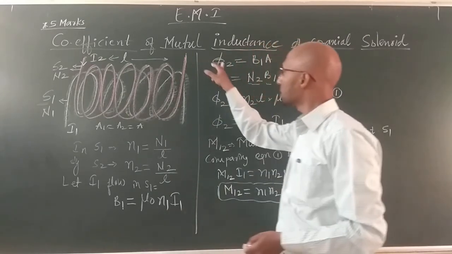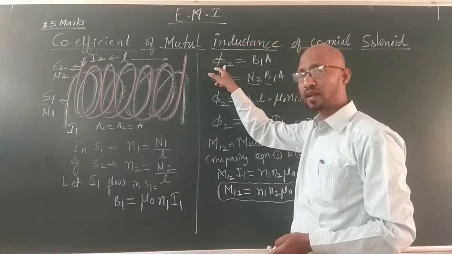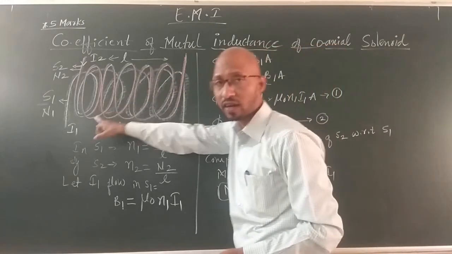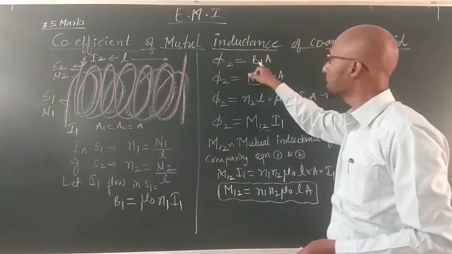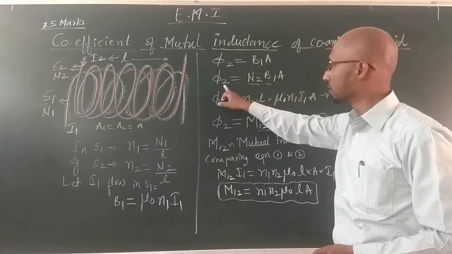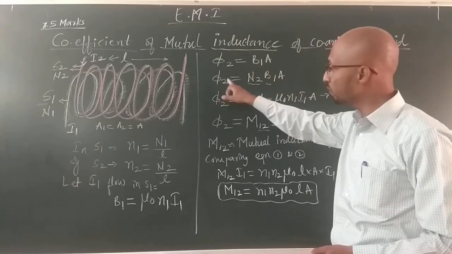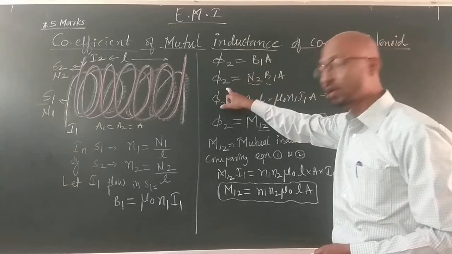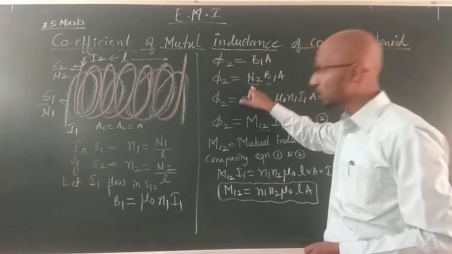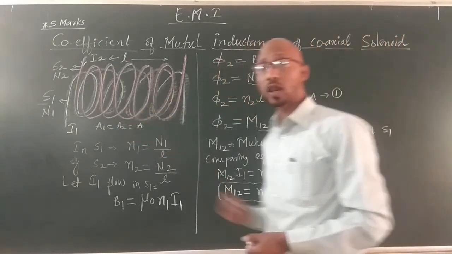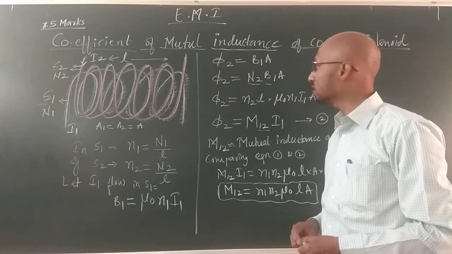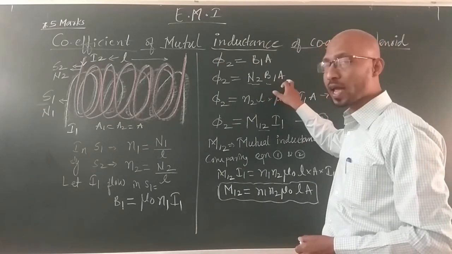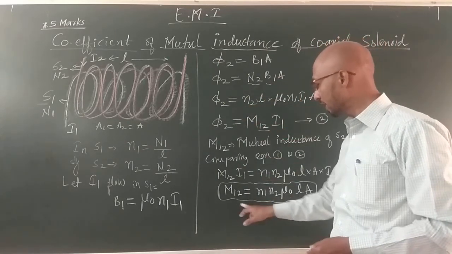The flux linked with the first solenoid for a single turn will be B2 A. Then the total flux linked with the first solenoid is phi 1 times N1, the total number of turns in the first solenoid. Substituting once again, I will get the same equation.